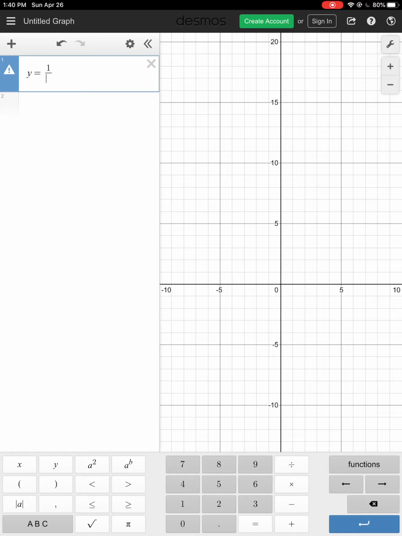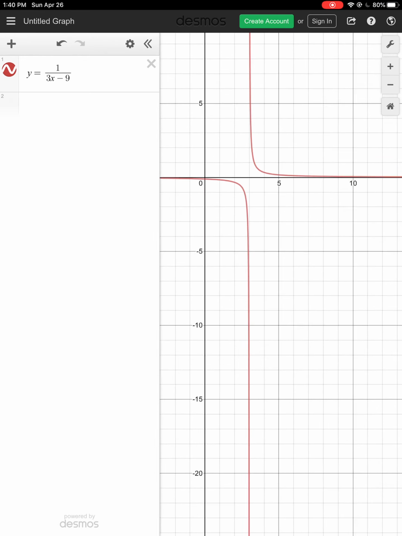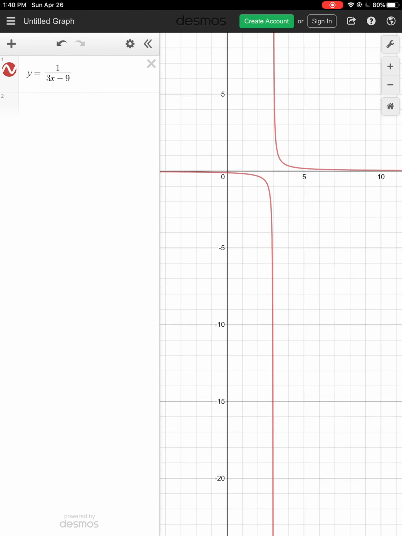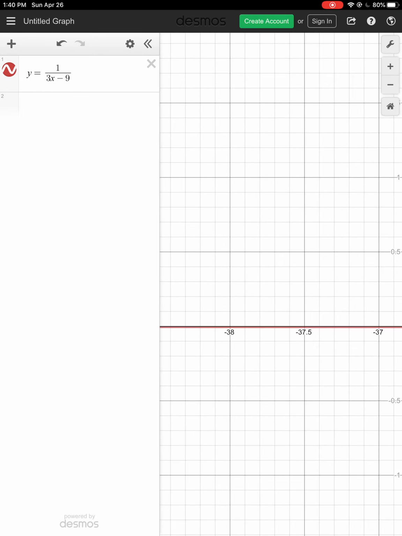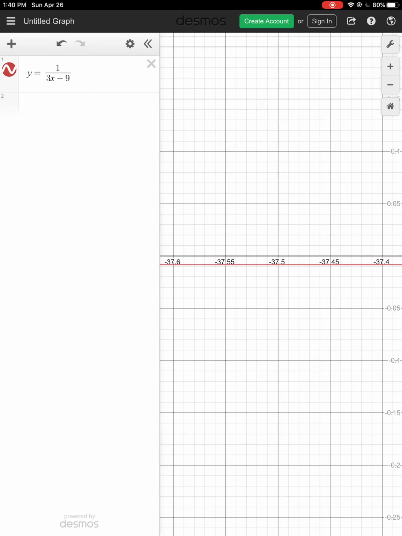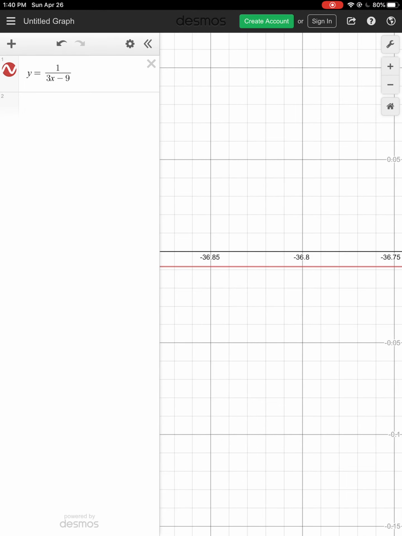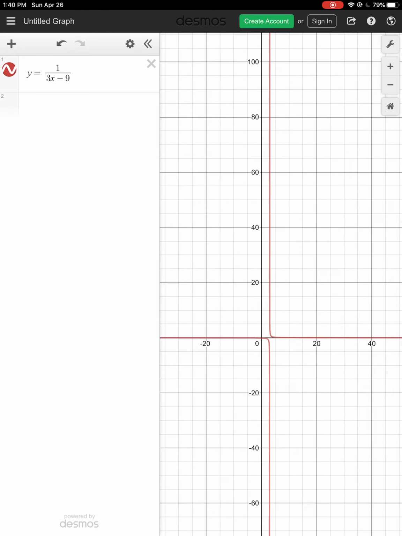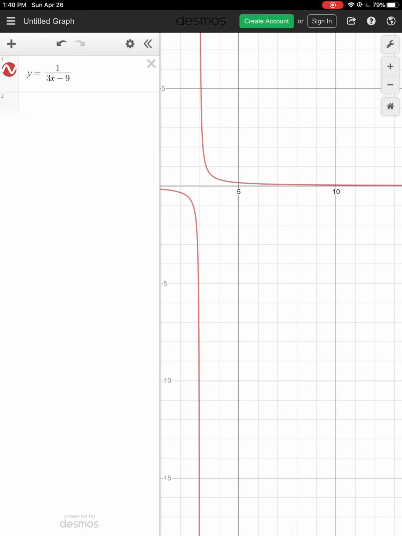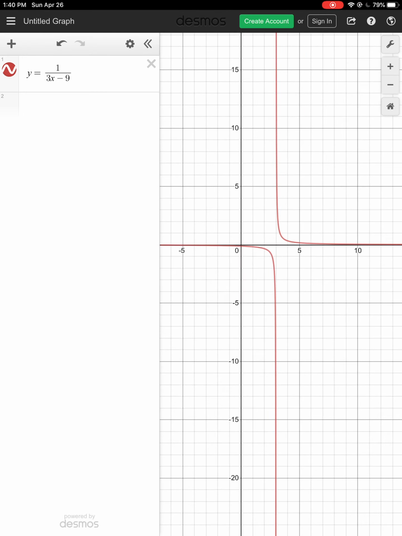So this is the first one. As you can see, it's those 2 kinds of L shapes, and it continues on forever. And if I keep zooming in, it doesn't actually touch those horizontal and vertical asymptotes. If I zoom out again and then come back here, it's not going to touch those asymptote lines either.